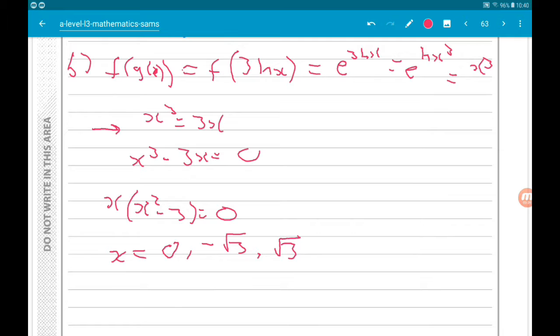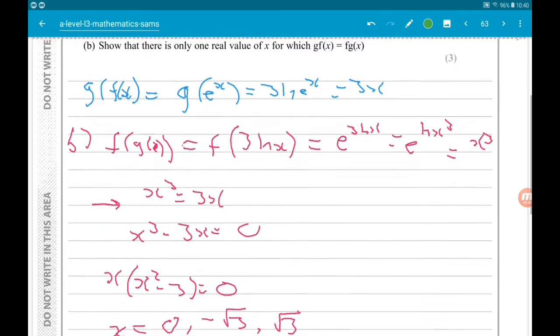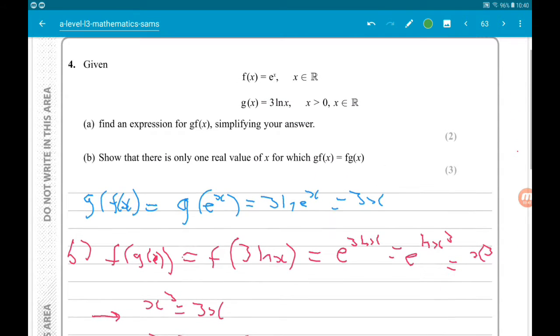Well, we're not done. Remember that g of x is equal to 3 log x, where x has to be greater than 0. You can't take log of 0 or negative numbers.